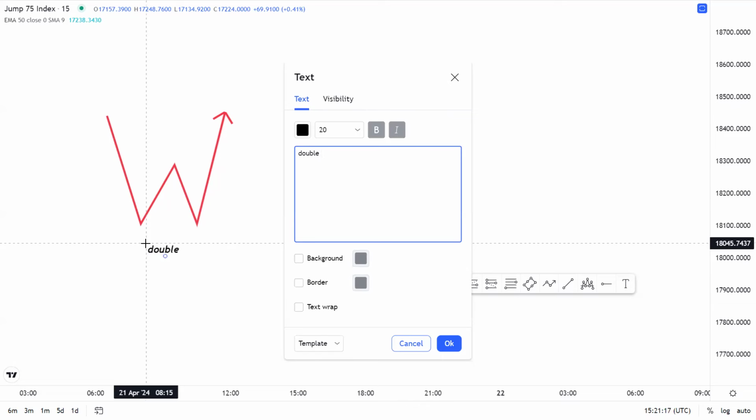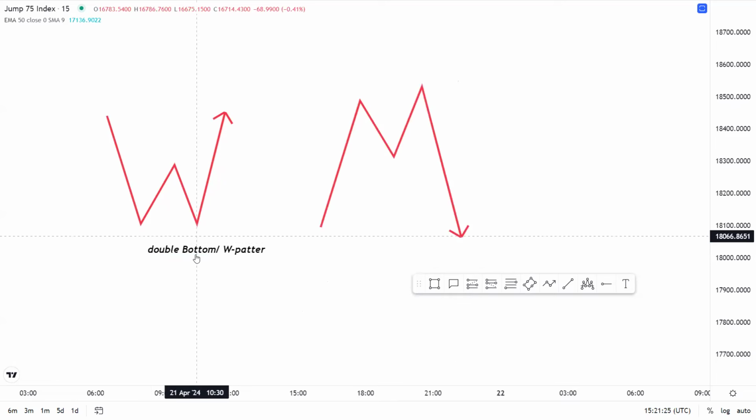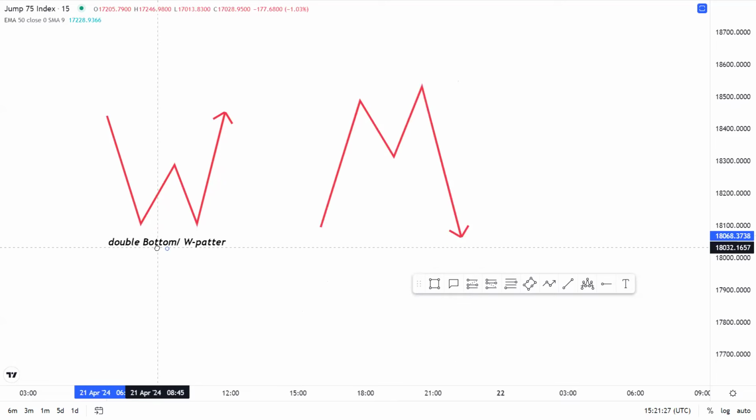The double bottom, also called the W pattern, as is identified by the shape of the pattern.